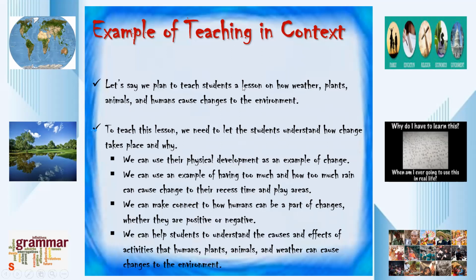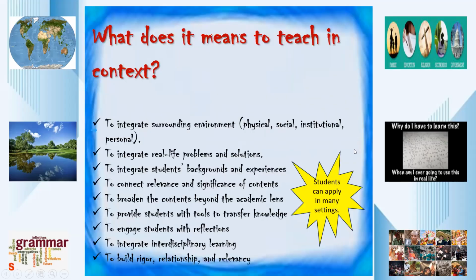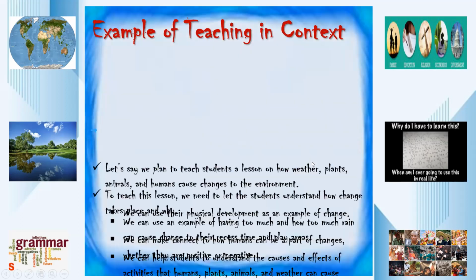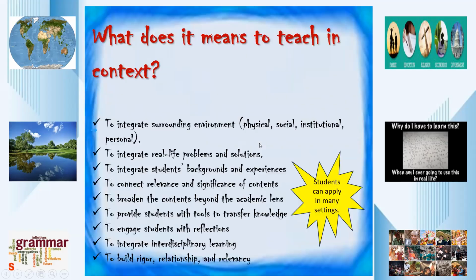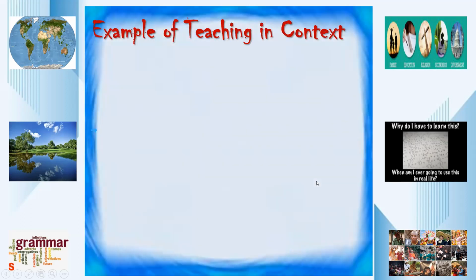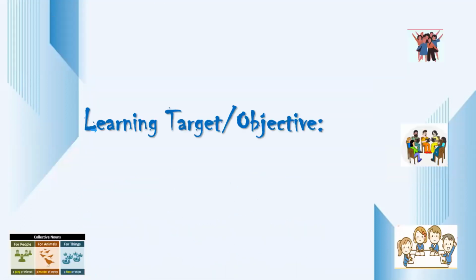They'd be able to understand why they are learning about whether the weather can cause change to the environment and why they need to learn this particular lesson. The goal here is to help them learn so they can take what they learn about the weather and change to the environment and apply it in new situations. That is the goal of teaching in context, so they can apply it in new situations.